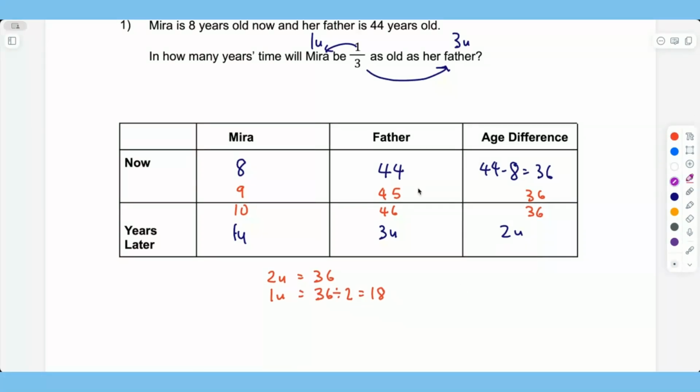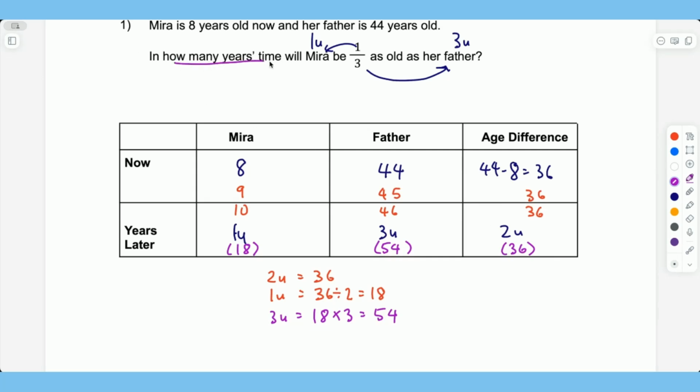Hence, some years later, Myra has 1 unit of years. That will be 18 years. And her father will be 3 units of years. That will be 18 times 3. That gives us 54 years. The father will be 54 years old and their age difference will still be 36 years.